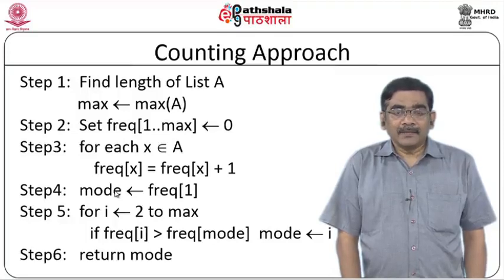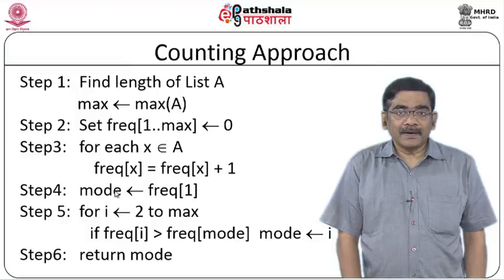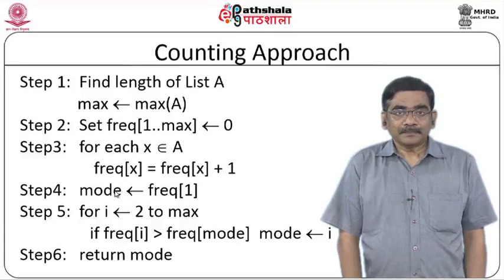Finally, once I come out of this loop, the variable mode will have the value that occurs the most, and I am going to return this. So, this is the traditional brute force algorithm for finding the mode.